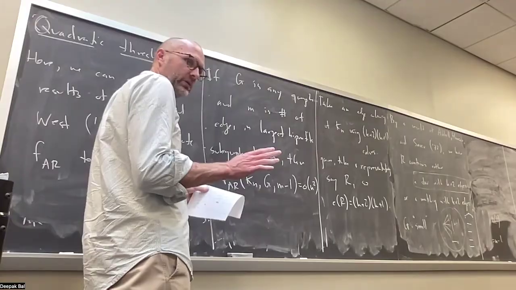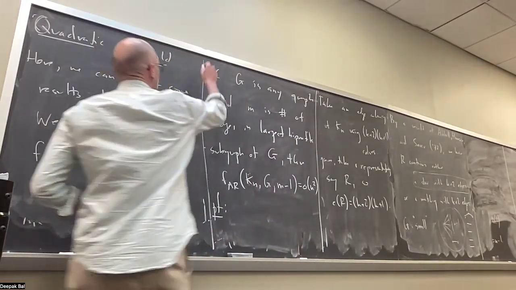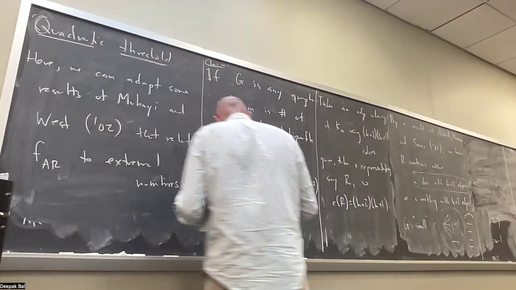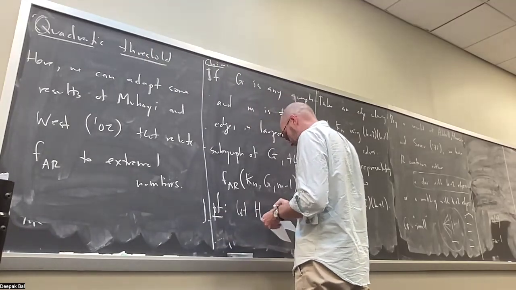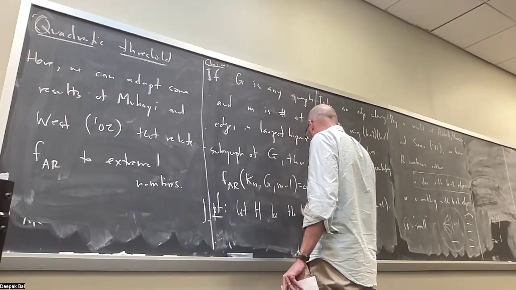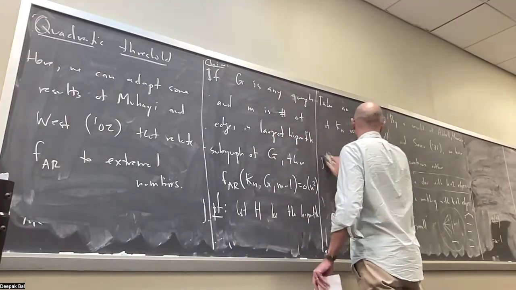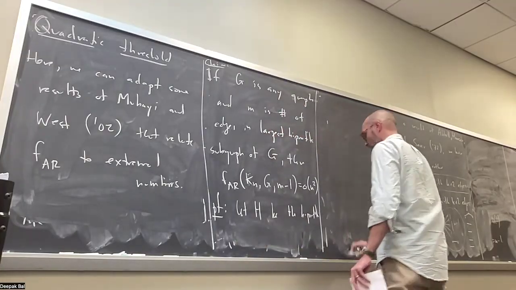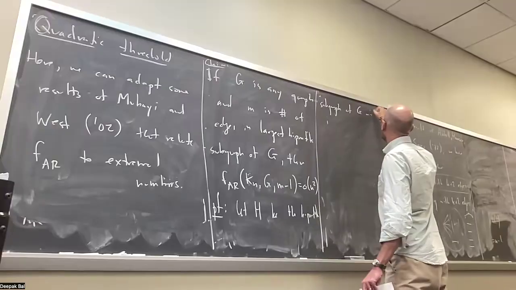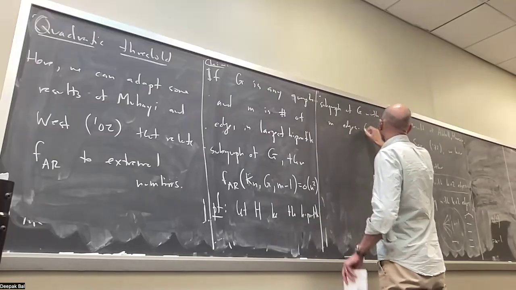It basically follows from Erdős-Stone. So let H be that bipartite subgraph with M edges. And then what are we going to do?